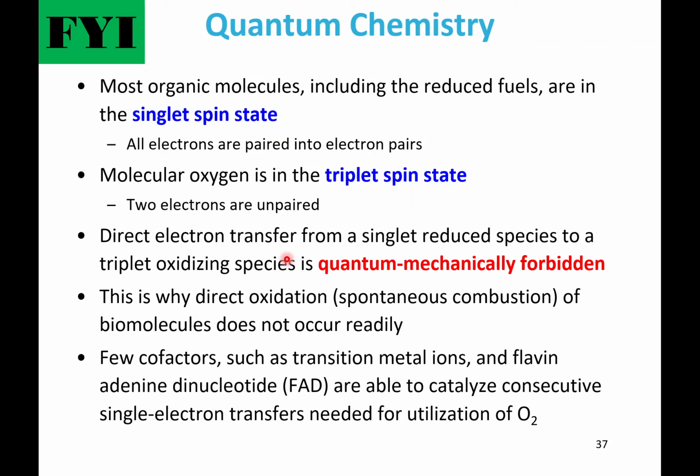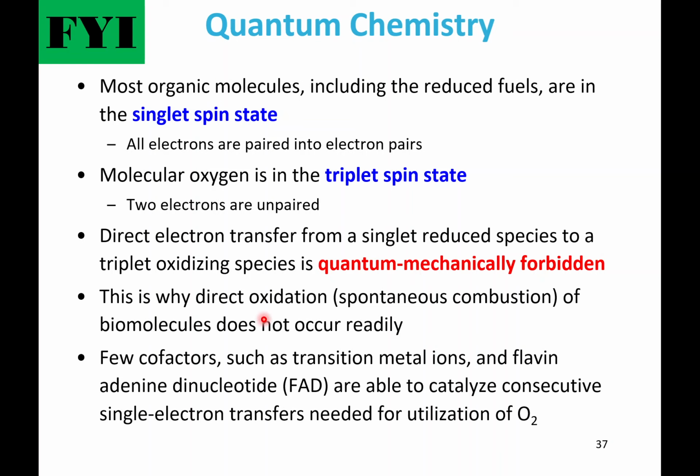Direct electron transfer from a singlet species to a triplet species is what's known as quantum mechanically forbidden. That doesn't necessarily mean it doesn't ever happen. It just means it's incredibly slow.